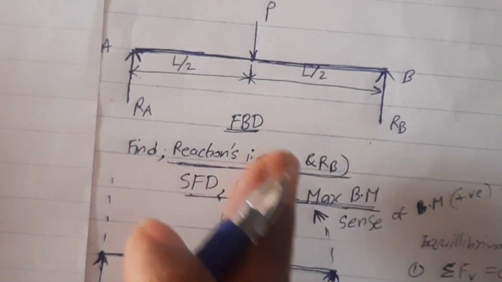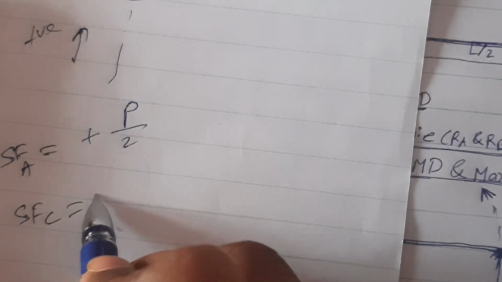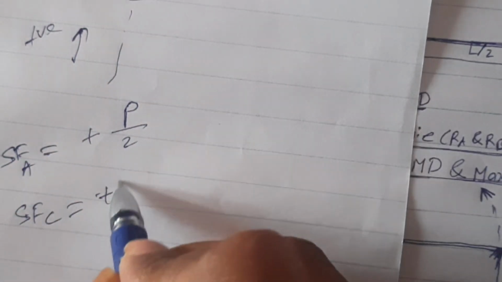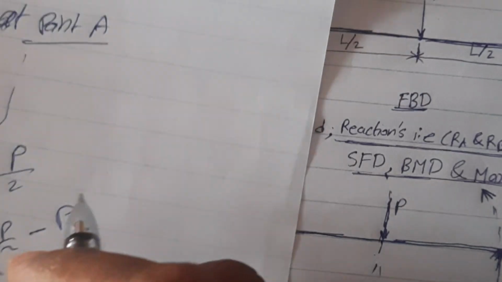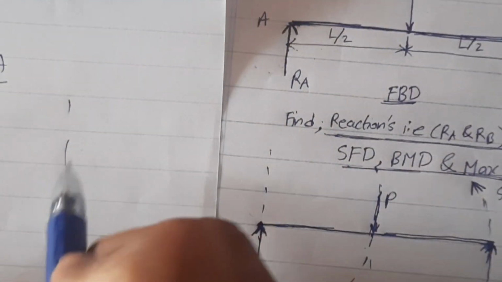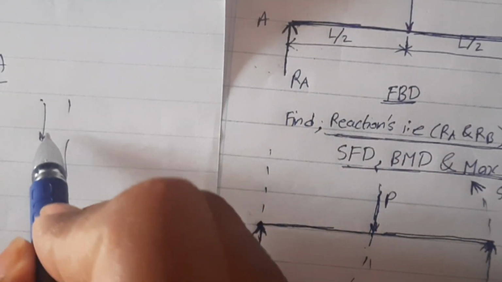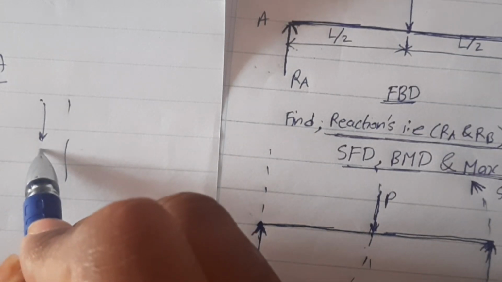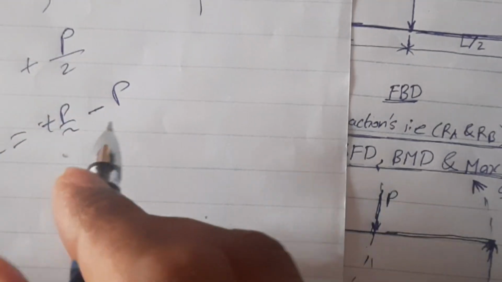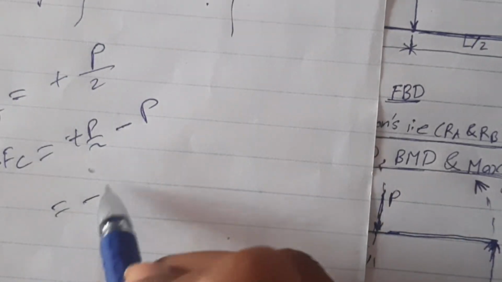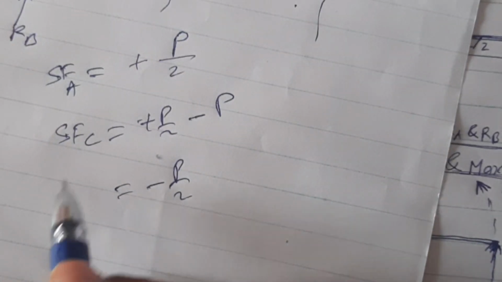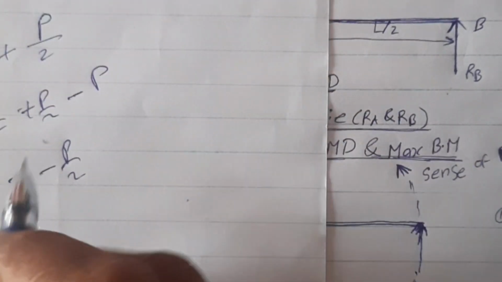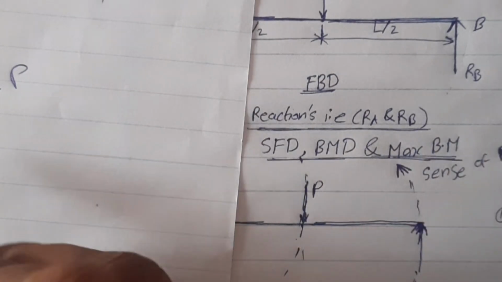At C, the shear force is equal to plus P by 2 minus P. At the section at point C, I take left hand side downward as negative, so minus P by 2 is the shear force acting at point C. Shear force at B: what is the shear force at B?